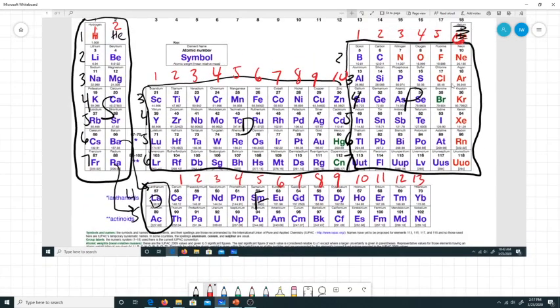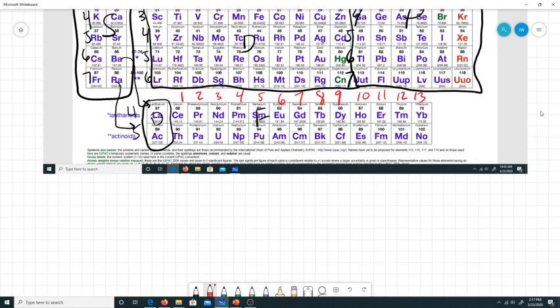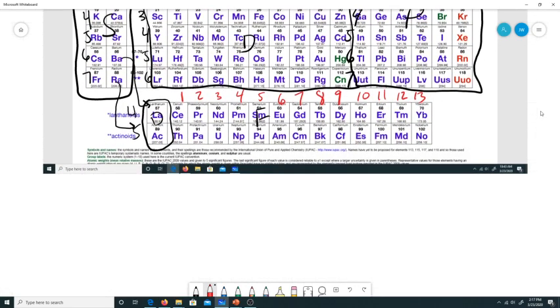So hydrogen has one electron. So this is for H. Hydrogen has an electron configuration of 1s1.